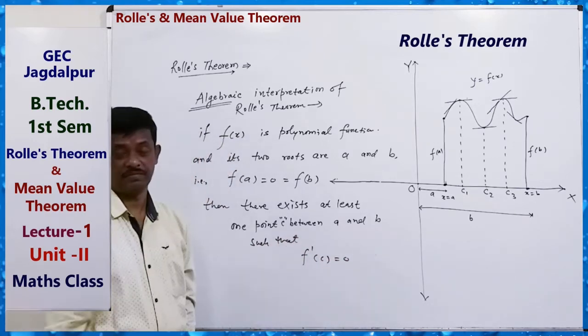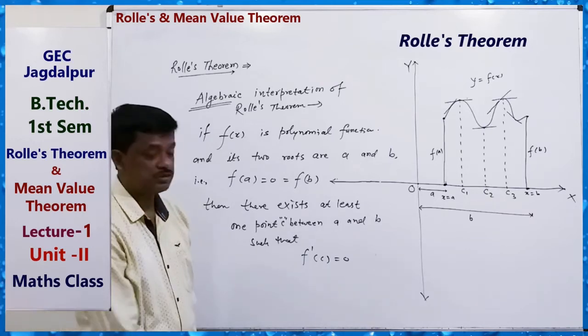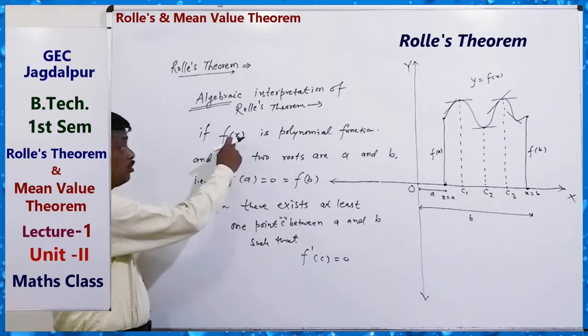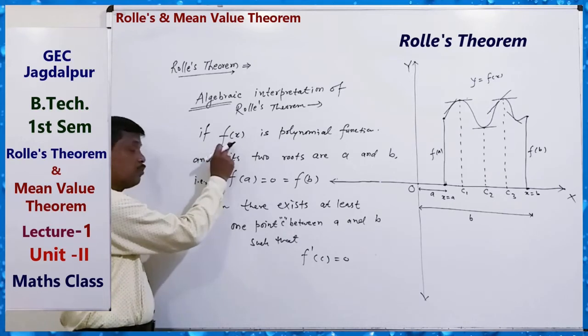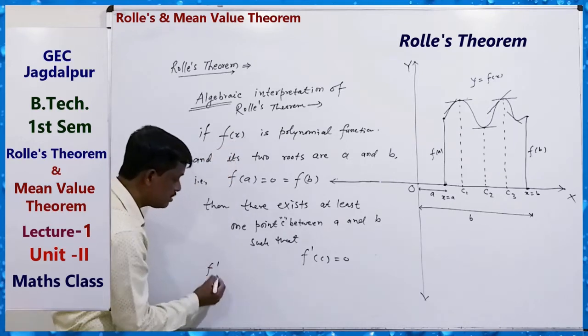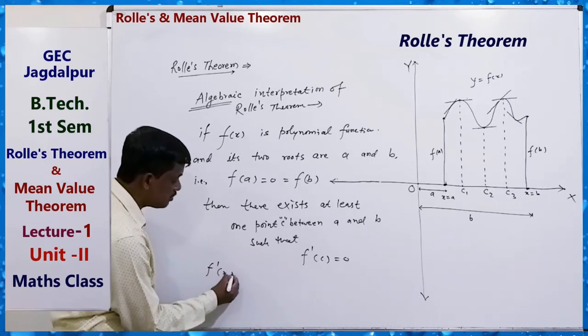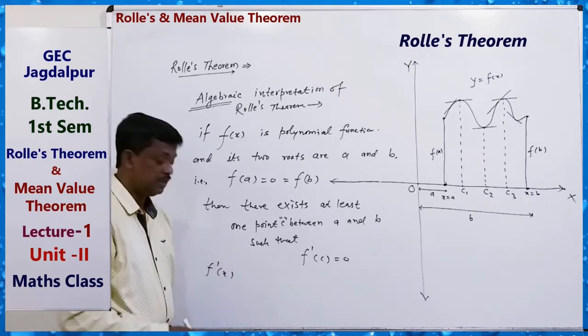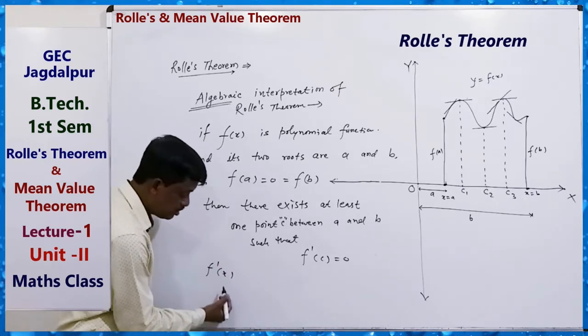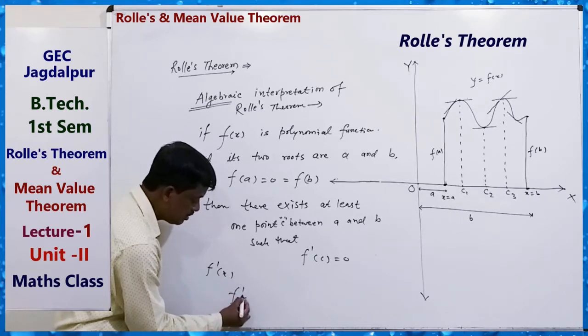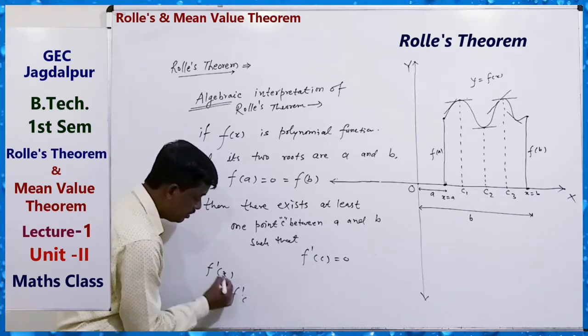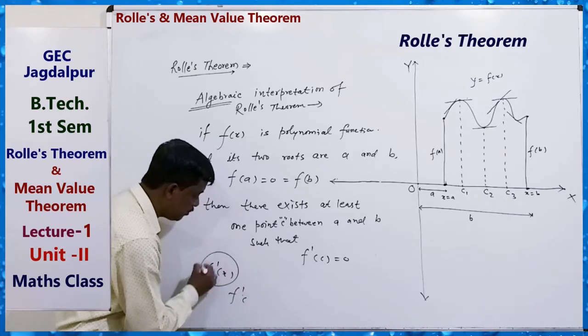That means what? f'(c) equals 0 means, because f(x) is a polynomial function, its derivative is also a polynomial function.